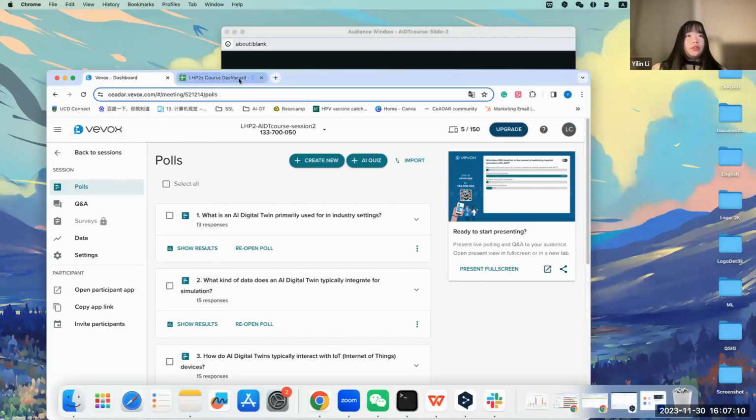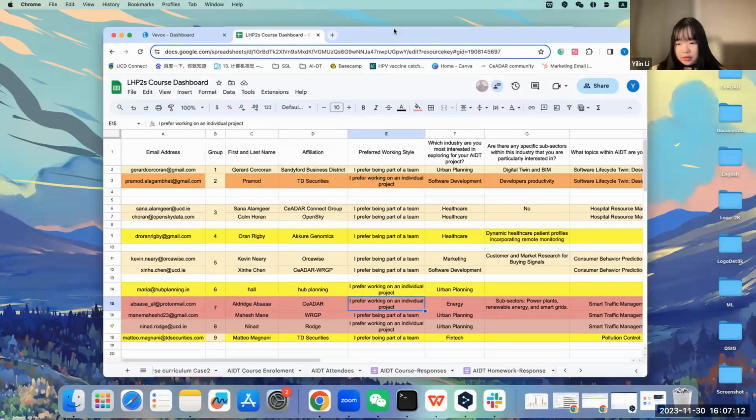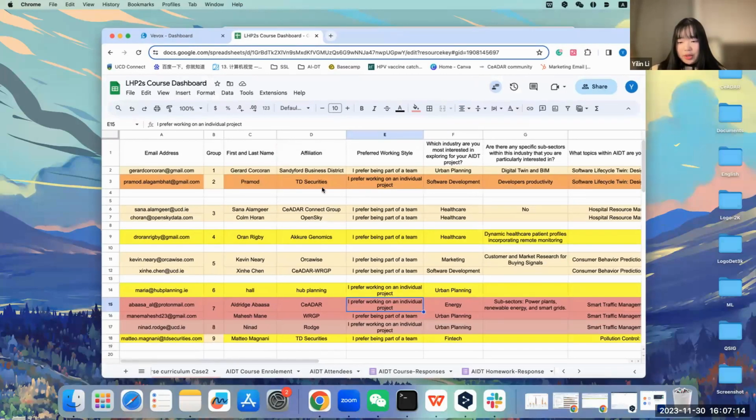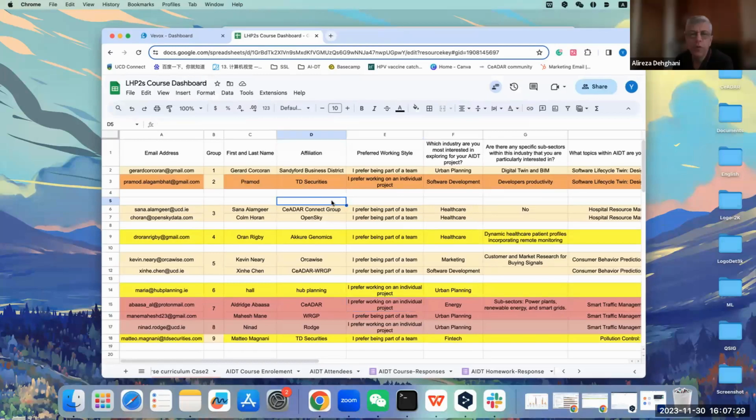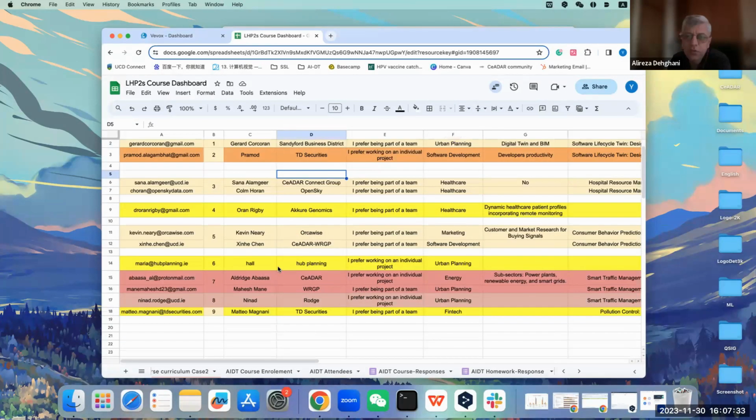Yeah, about the homework grouping. We received 13 people's responses to the form, and it looks like 13 people are interested in doing the homework, which is very good.